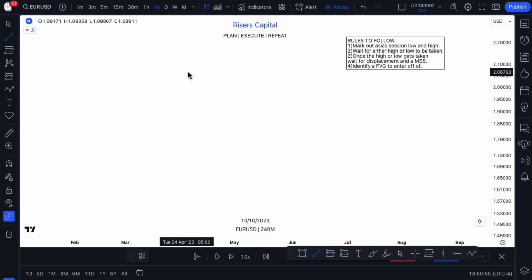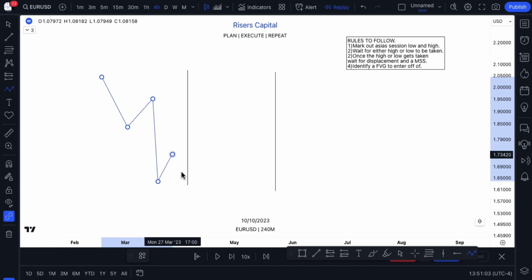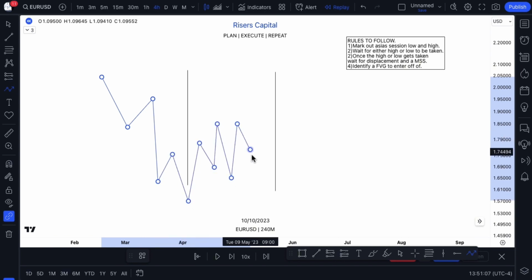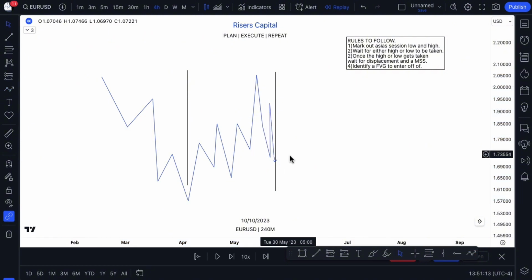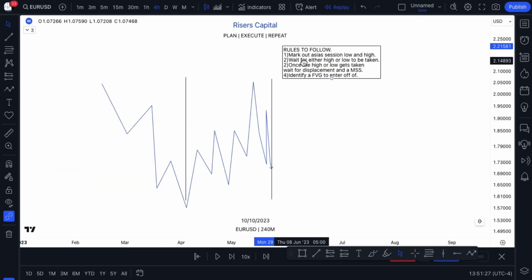So here, we may have our Asia session. And let's say we're now in our Asia session, so we may get something like this. So we now have our Asia session, and so what's the first rule?